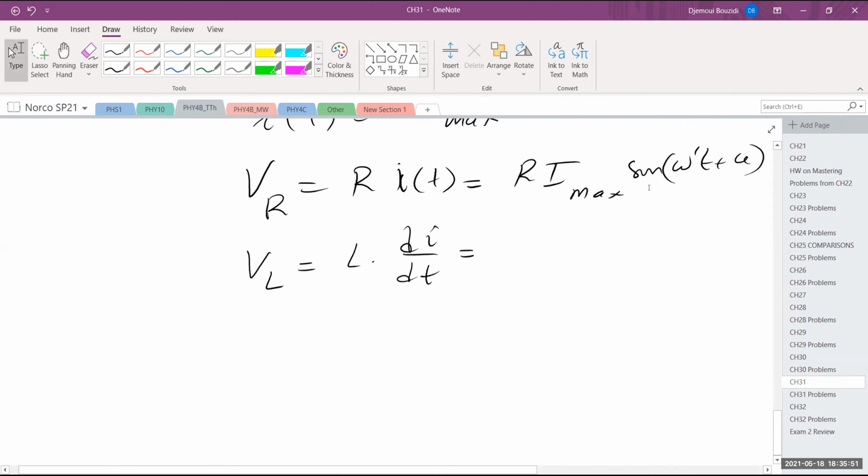And the derivative of a sine is just a cosine. But don't forget, you have an omega prime multiplying t, so you have to do the chain rule. Once you do the chain rule, this will become omega prime times L times I max times a cosine of omega prime t plus phi.